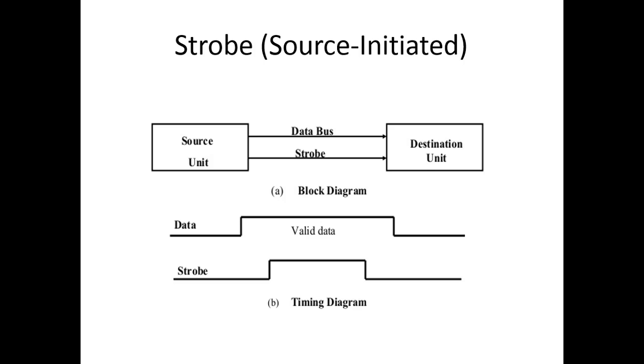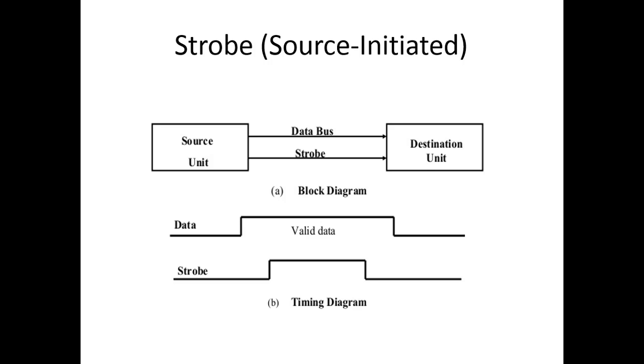The second connecting line is actually the control bus. It carries one control signal called the Strobe. Now here, depending on the initiator of the transfer operation, the direction of the control signal, particularly the Strobe signal, can be defined. As we are considering the source initiated transfer here, the direction of the Strobe control signal is from source to destination.